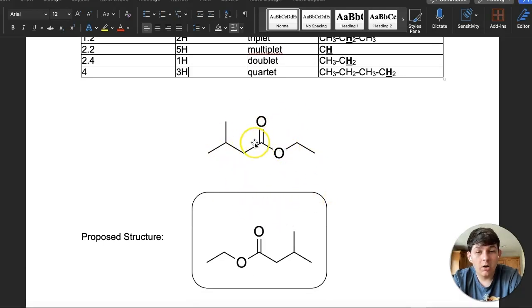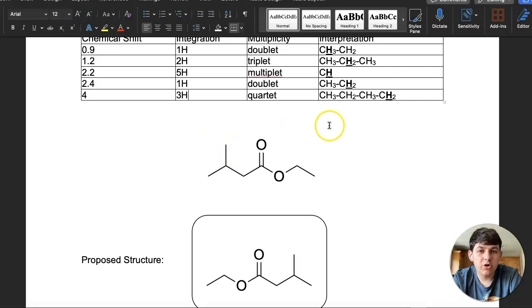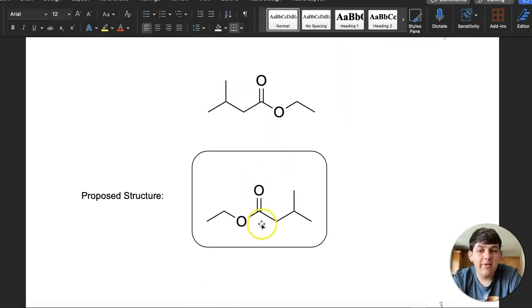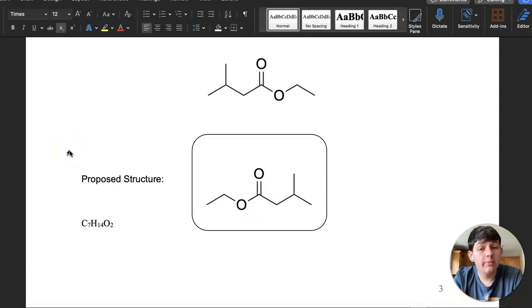We have our carbon to our double bond to our oxygen with the oxygen coming off with an ethyl, of course. And then this is kind of that isopropyl structure that we were hinting at here with this triplet. And of course, this can be flipped either way. They're the same molecule.